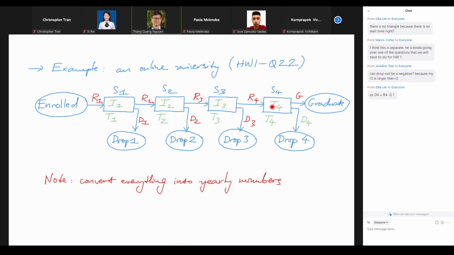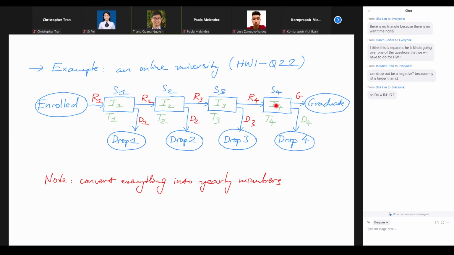So if you look at stage number 1, for example, if 100 students enter stage number 1 and 95 of them successfully move on, then the retention rate here is 95 divided by 100, which is 95%. So that's for stage 1, right? For stage number 2, you would take R3 divided by R2 to have the retention rate of stage number 2, right? On and on, you can find the 4 individual retention rates. I hope you see that, right?